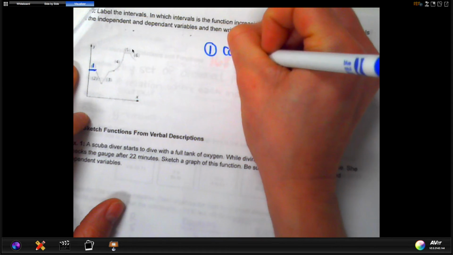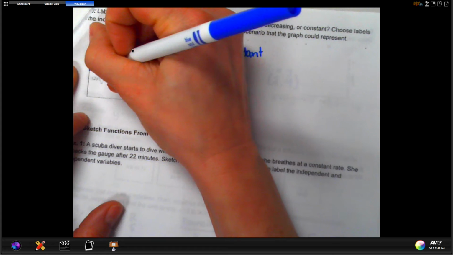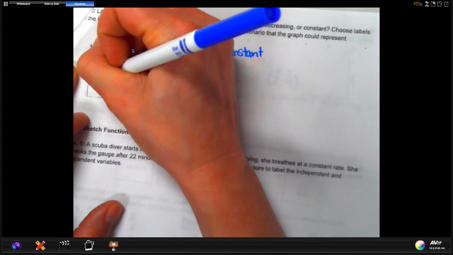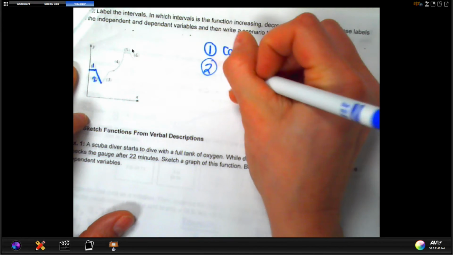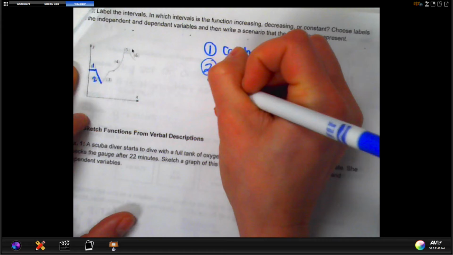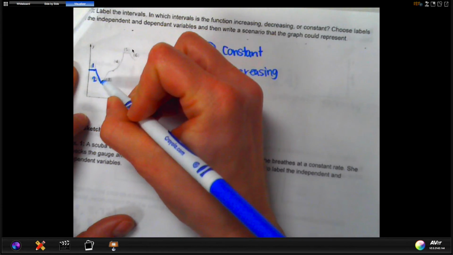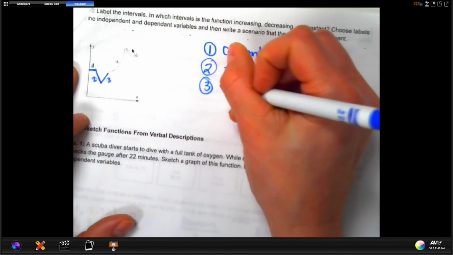It's flat, so we say that that is constant. Let's talk about interval 2. Well, it's going down, so interval 2 is decreasing. Interval 3, pretty obvious, right? It's going back up. Interval 3 is increasing.